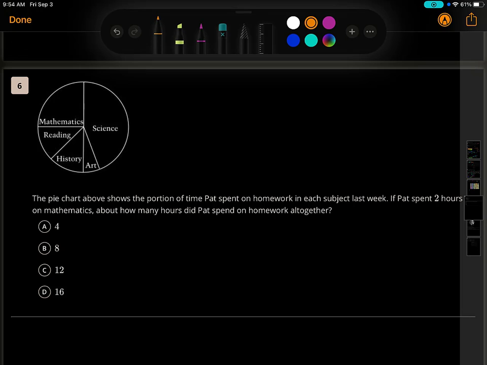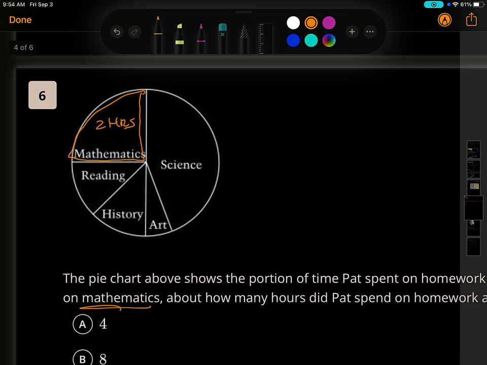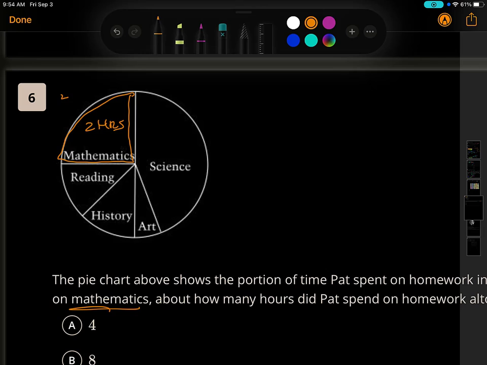Pie chart above shows a portion of time Pat spent on homework in each subject last week. If Pat spent 2 hours on math, so this represents 2 hours, this area in orange. But how many hours did Pat spend on homework altogether? So kind of like a fraction lesson, this is 25%, and this blue area represents 25% of the data.